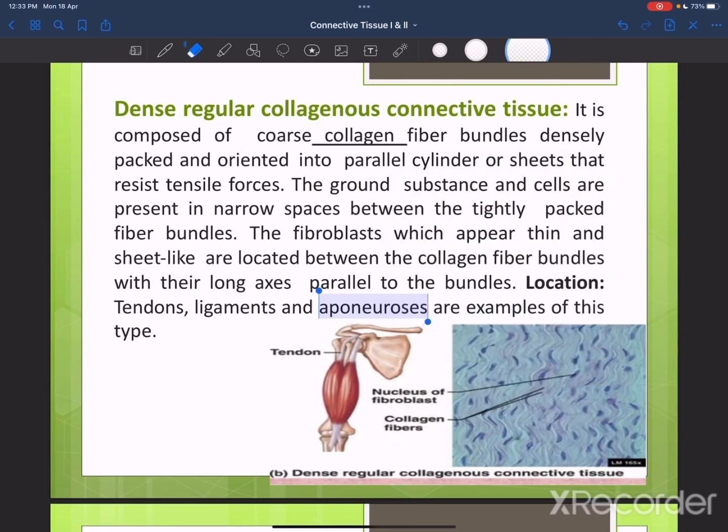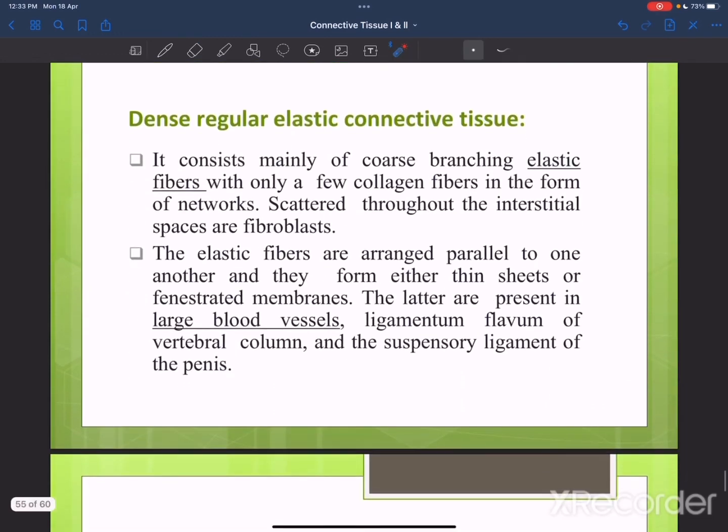While the dense regular elastic type consists of coarse branching elastic fibers, mostly elastic, in the form of networks scattered throughout the interstitial space. In the blood vessel, it is fenestrated, or has pores.